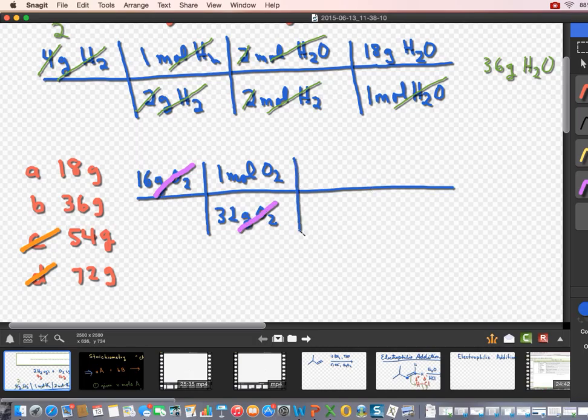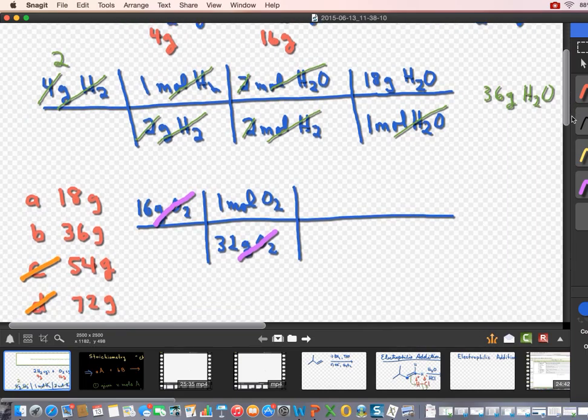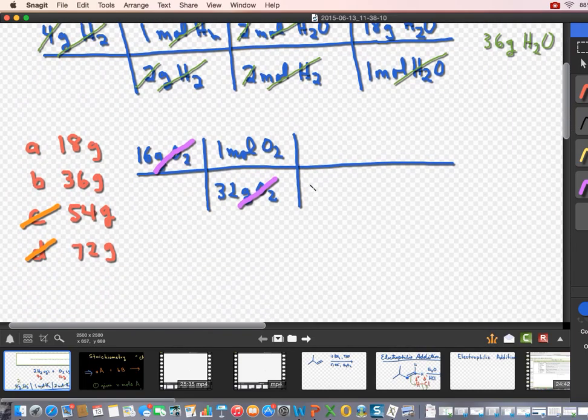I've now gained access to my balanced chemical equation. I know that 1 mole of O2 will produce 2 moles of H2O. Again, 1 mole of O2 goes in the bottom so that my units can cancel. 2 moles of H2O goes in the top.